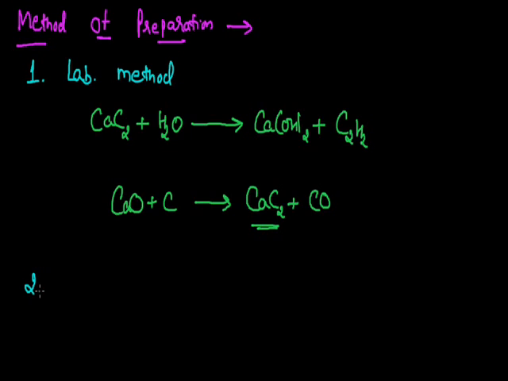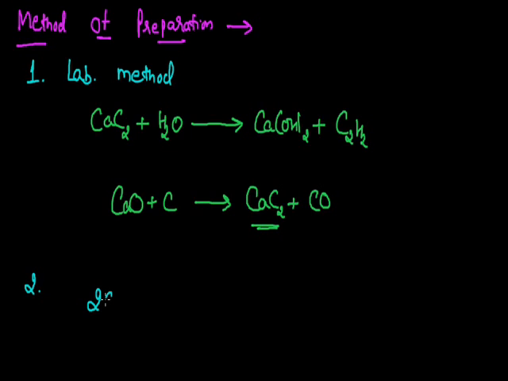Now this acetylene can be prepared by other processes also. Since this acetylene contains carbon and hydrogen atoms, by the direct reaction, or the direct synthesis, between carbon and hydrogen, this acetylene can be formed.